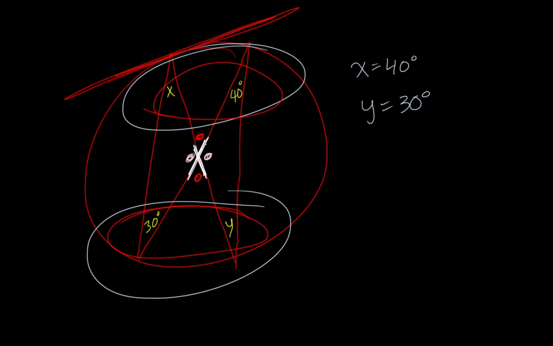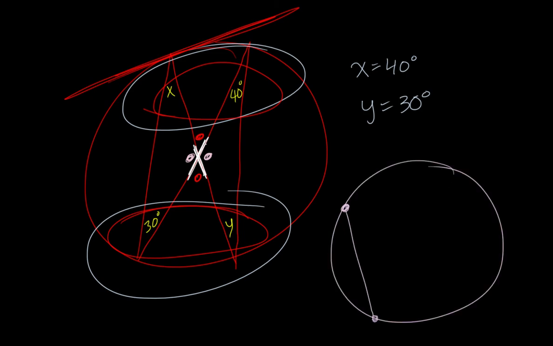And then the last thing is if we have a quadrilateral inscribed like that. The opposite angles are supplementary in this case. And so if this is, let's see, that's definitely not 20.